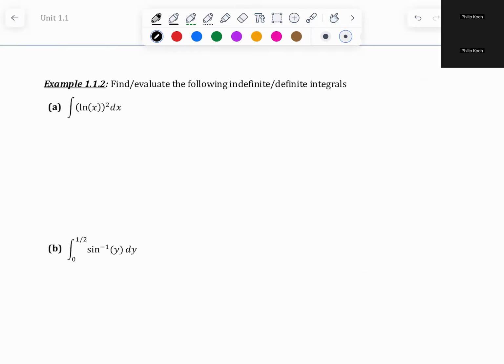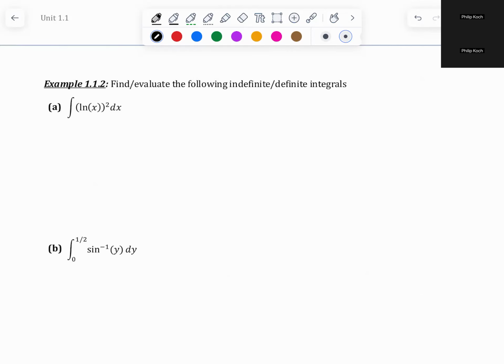And above all else, by the way, you should always try and do a u substitution if you can. But for this one, the only real choice for a u substitution would be u equals natural log of x, but that's just going to make it look muddier. That's going to make it look worse. So no substitution is necessary here. So we go to one of our tools that we know. Our only tool that we have right now is integration by parts.